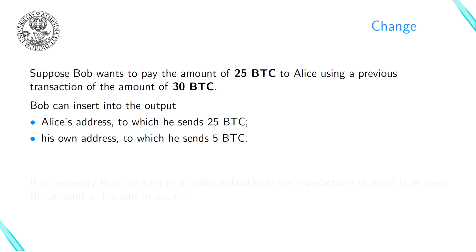What can Bob do? Well, Bob can insert into the output two things. Alice's address, to which he sends 25 bitcoins, and his own address, to which he sends to himself 5 bitcoins. This represents the change.